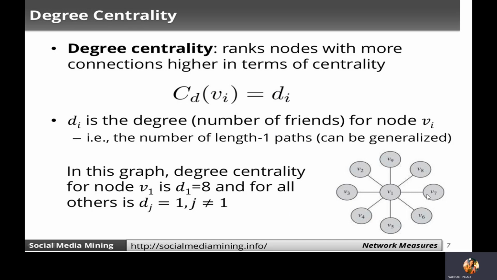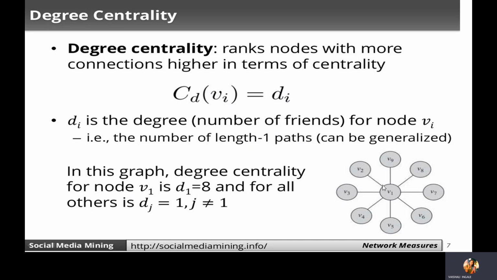Now in a graph it will be the combination of in degree and out degree. How many incoming edges there are to that particular vertex is called the in degree, and how many outgoing edges there are from that particular vertex is called the out degree. As this is an undirected graph, the in degree and the out degree will be the same.